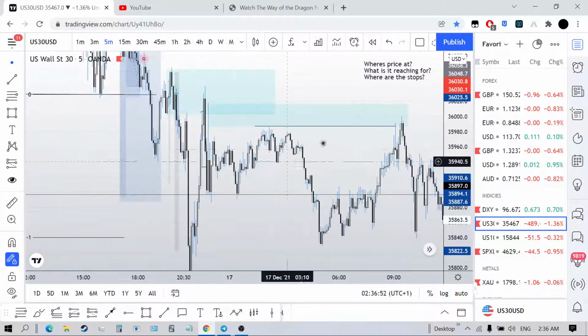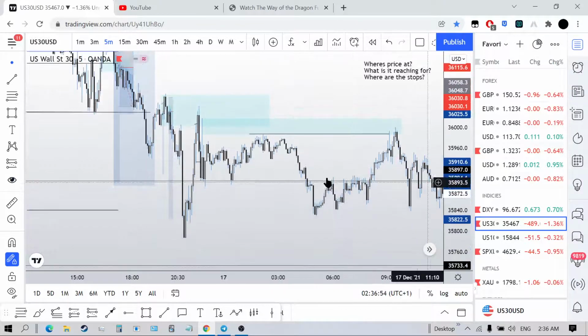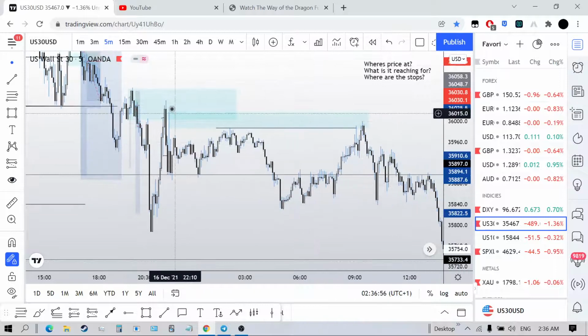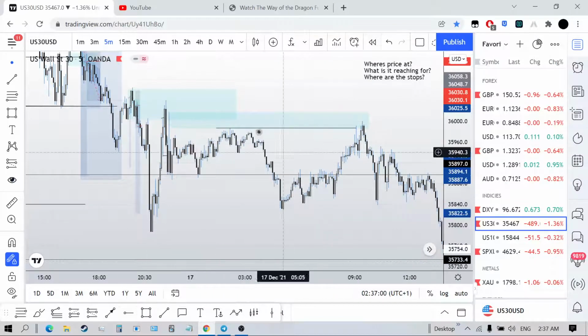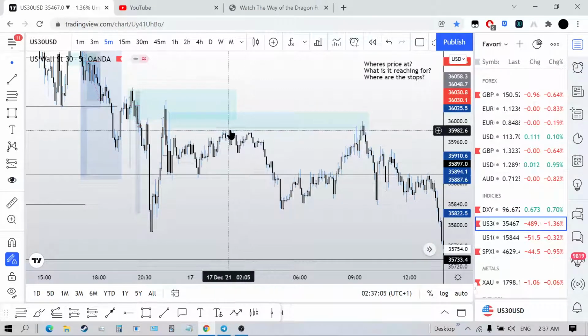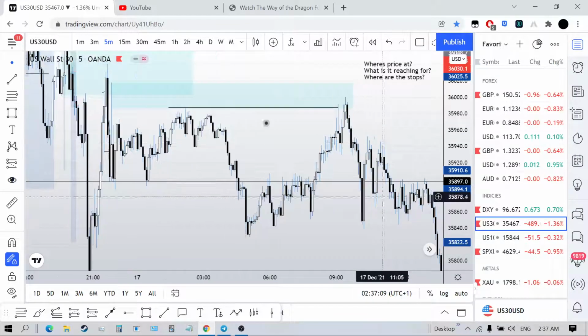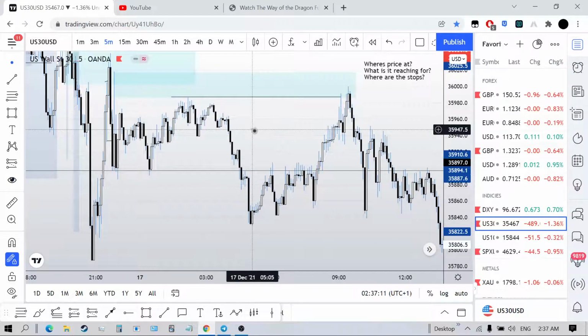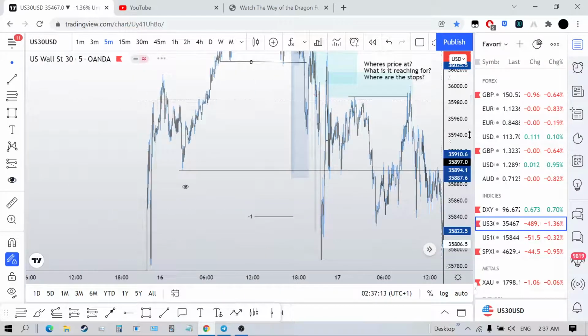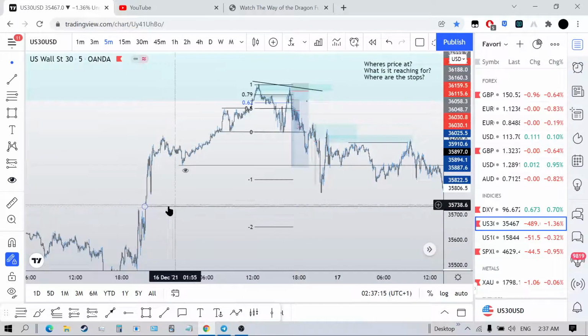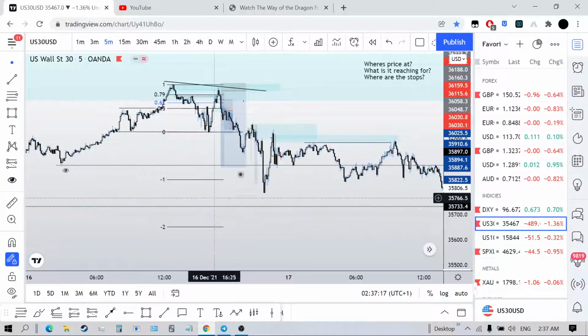We completed the objective. Now you've got to be a little bit careful, because we came up and then we broke down, but we failed to take out this low. So all of this right here could just be liquidity to be ran. But since you see there's liquidity right here and there's a PD array resting right above it, it's validated. Our objective can be the close of all of this, because I'm still bearish, I'm not bullish yet.